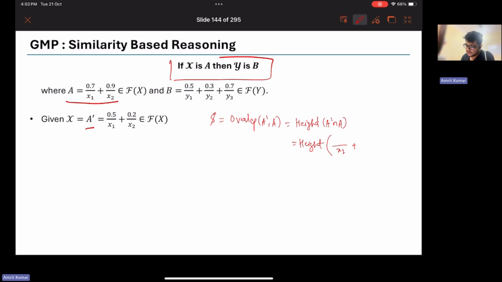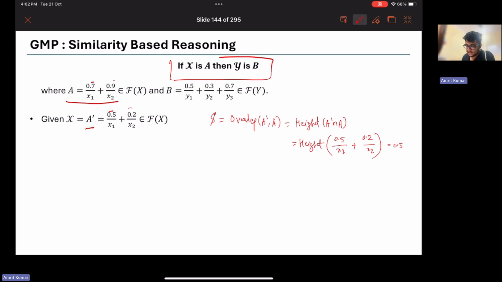And what is the intersection of A dash and A? So we take the minimum, right? Because this is a standard intersection. So minimum of 0.5 and 0.7 is 0.5, minimum of 0.2 and 0.9 is 0.2. So what is the height of this fuzzy set? It's 0.5.